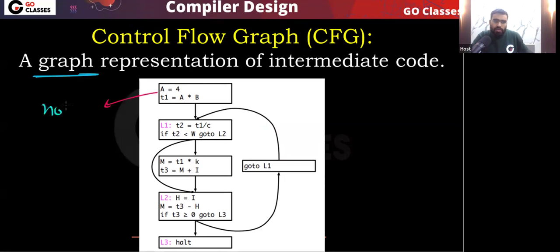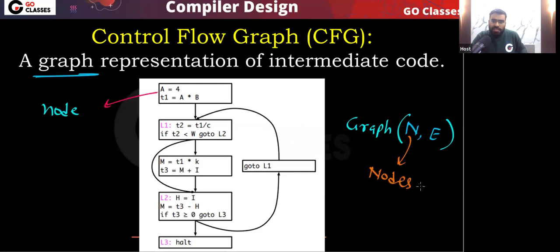We have already seen this in graph theory. In a graph, we have two things: one will be nodes, or vertices, and another will be edges.